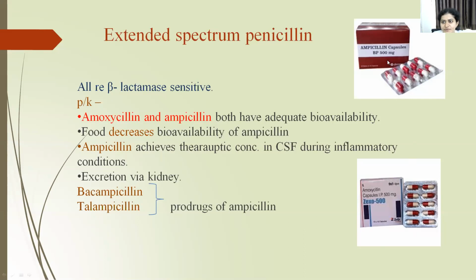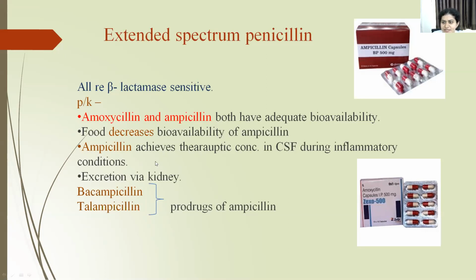But food will decrease the bioavailability of ampicillin only, not amoxicillin. As food decreases the bioavailability of ampicillin, you have to give ampicillin either 1 hour before food or 1 hour after food. Then ampicillin achieves therapeutic concentration in the CSF, cerebrospinal fluid, during inflammatory conditions.